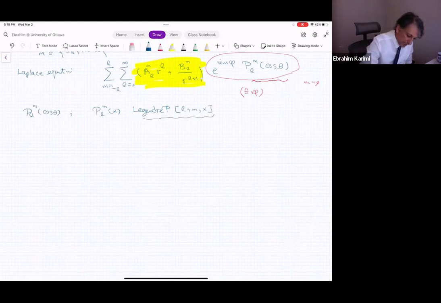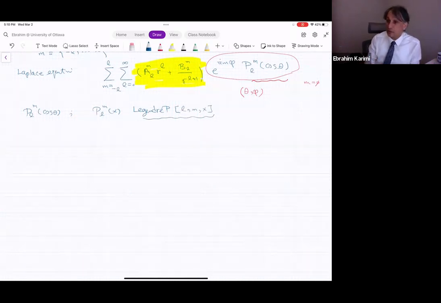So P_L^M of x can be derived from the Legendre polynomials that we previously introduced, from 1, x, (3x² − 1)/2, and other terms.